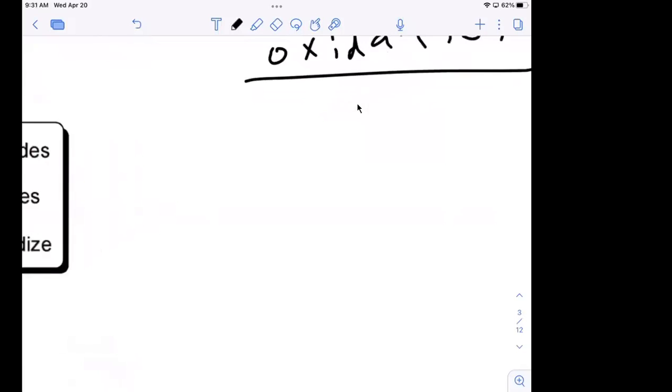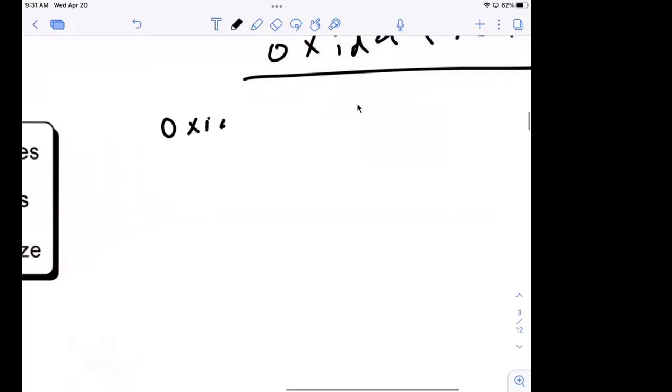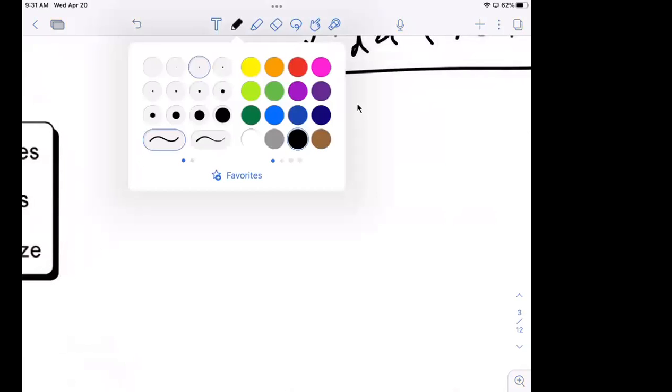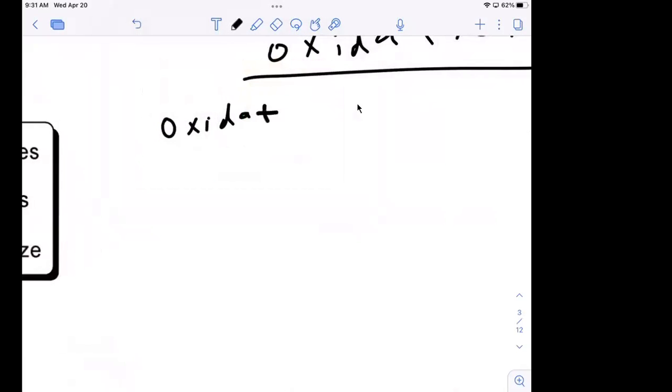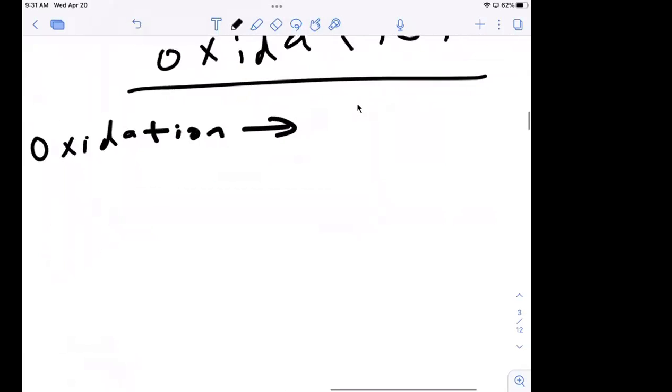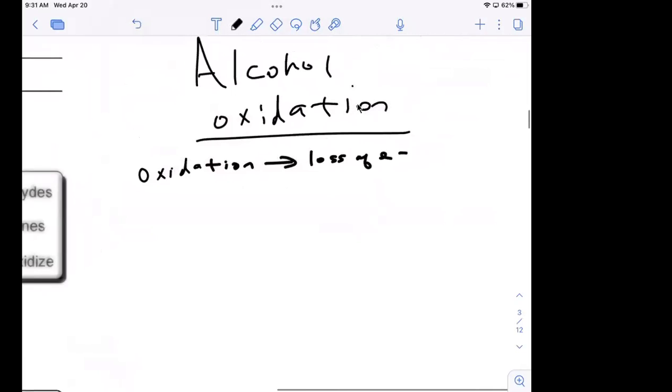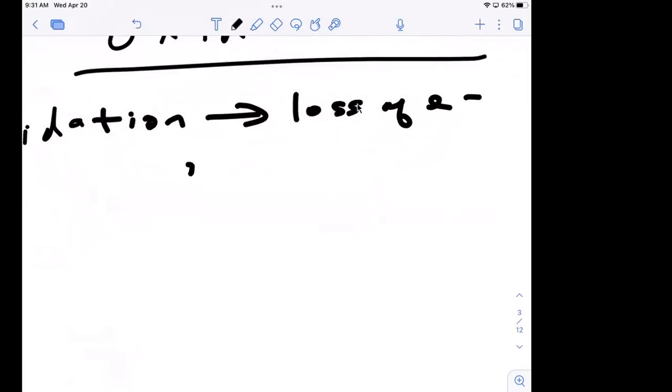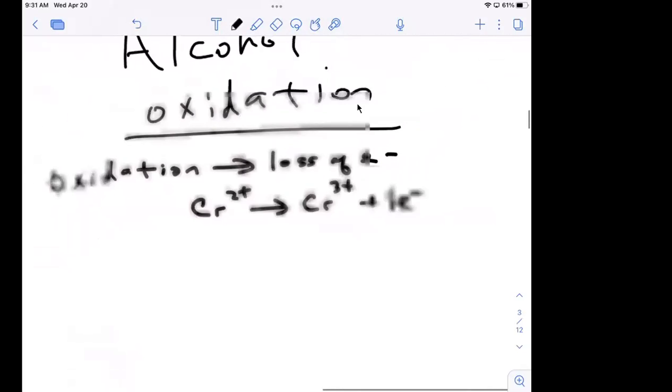So oxidation in GChem was the loss of electrons, like if you went from chromium 2 plus to chromium 3 plus, plus 1 electron. So you lost an electron.